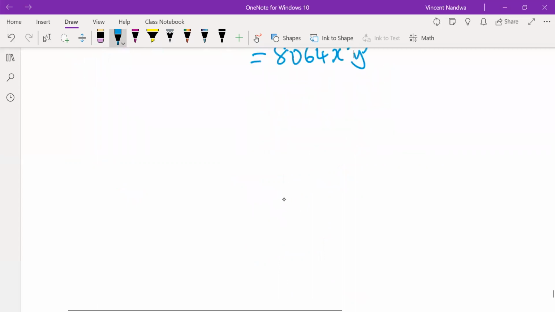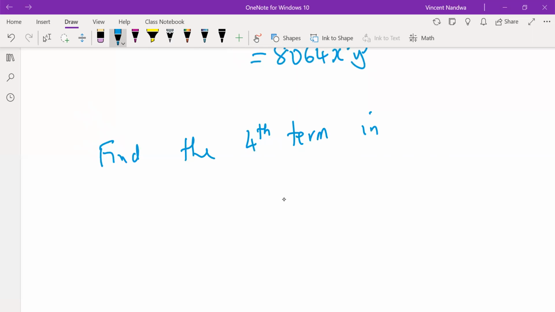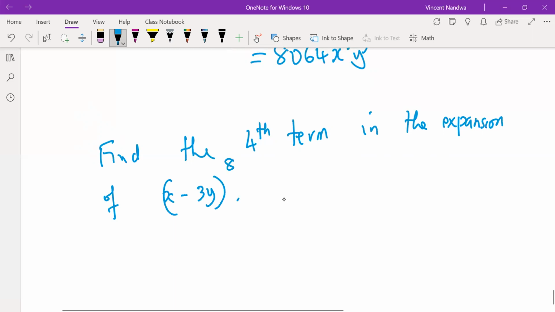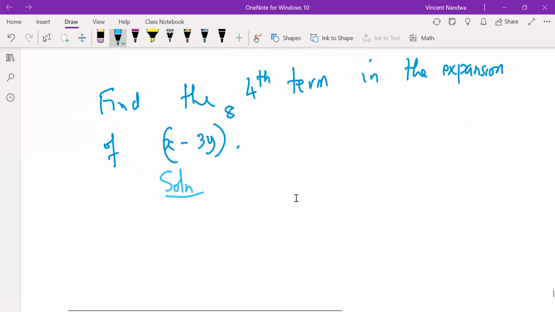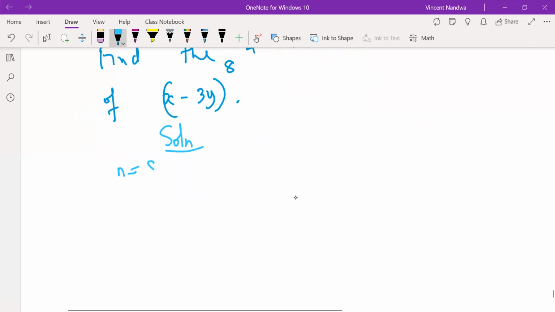Next question: find the fourth term in the expansion of (x − 3y)^8. Solution: here n is 8, and the fourth term implies r is 3.